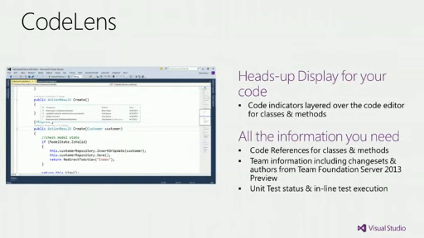So we have a new feature called Code Lens that I'm going to demonstrate for you. Ultimately, Code Lens is a heads-up display for your code. If I look at some code at any point in time, I can tell what that code does, or at least I hope I can.